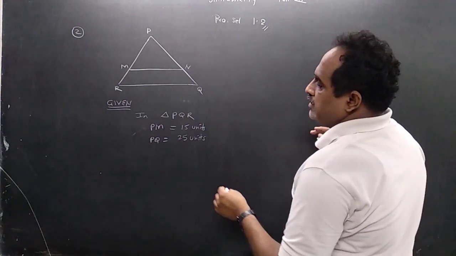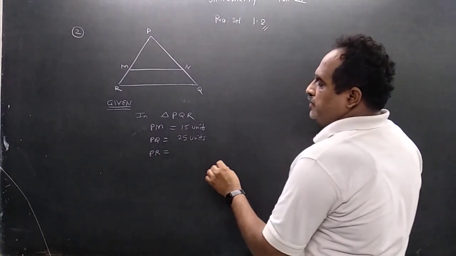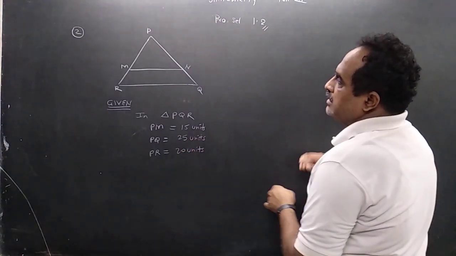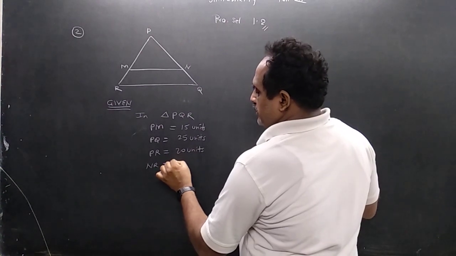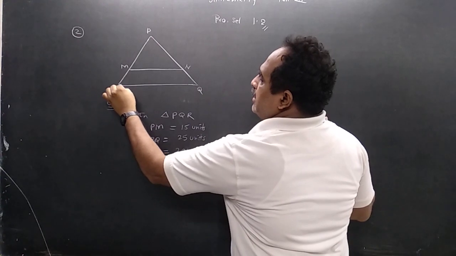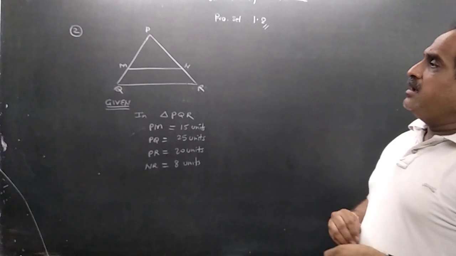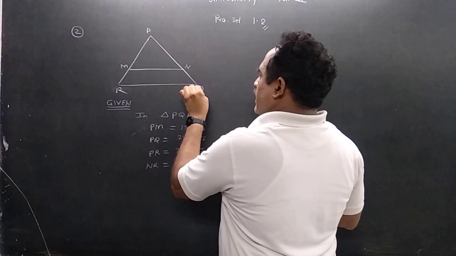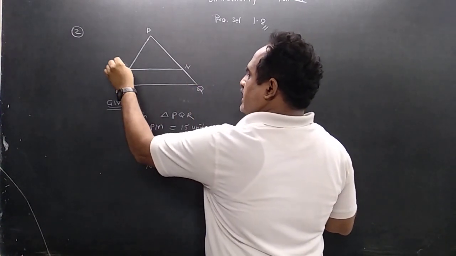PR is equal to 20 units. NR is equal to 8 units. I think I made a mistake here. Q is here, R is over here, and M and N. N is here, M is here. Yeah, that is there.